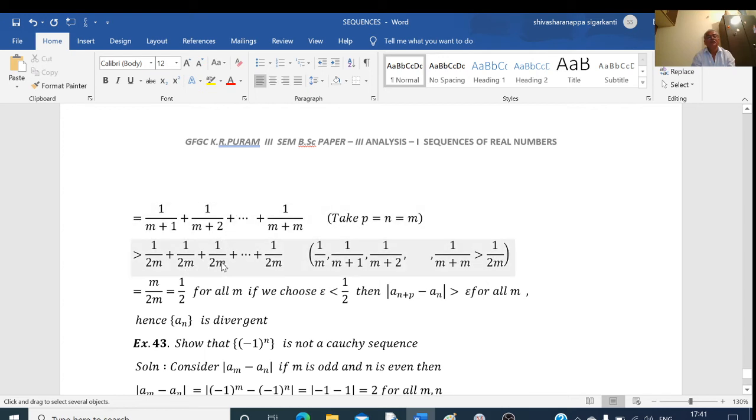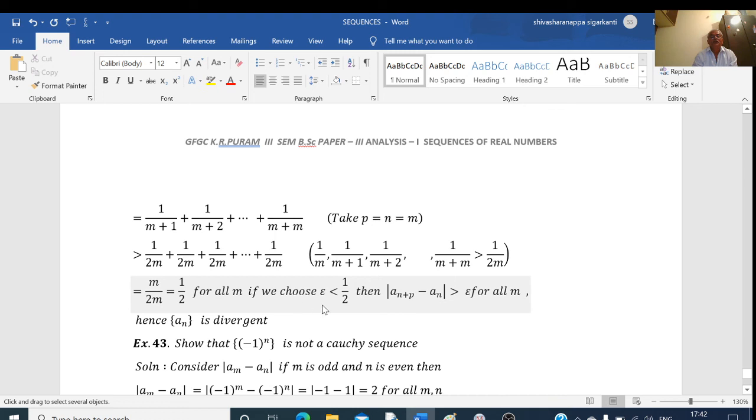Third term also greater than 1 by 2m, and this last term is equal to 1 by 2m. So one term, second term, third term, totally m terms are there here. Then we write this quantity as m times 1 by 2m. The m's get cancelled. This is equal to 1 by 2. I am getting a_{n+p} minus a_n greater than or equal to 1 by 2.